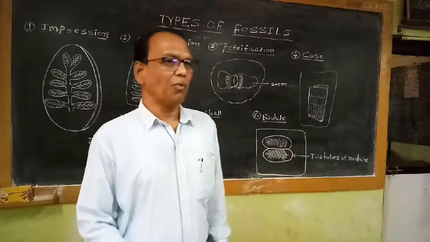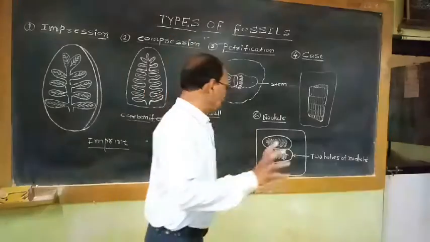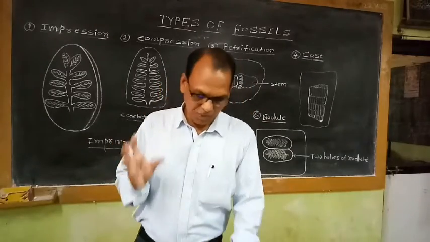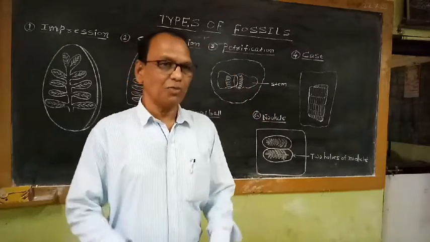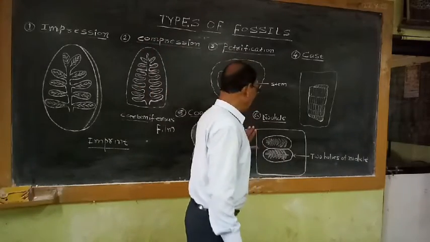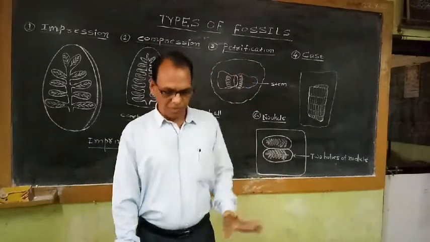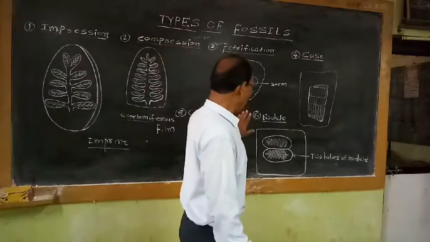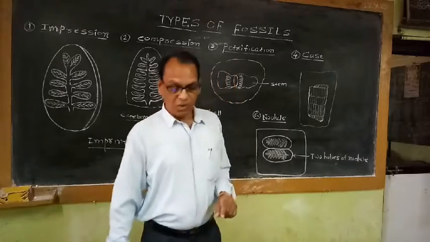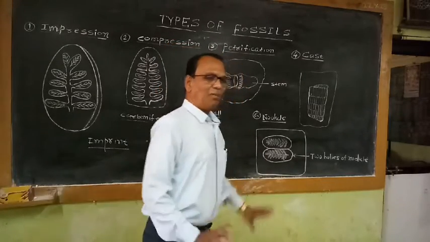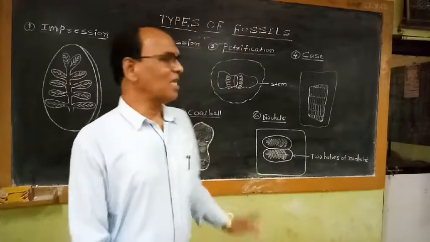That means during the process of formation of sedimentary rocks, some rocks take the shape of spherical structures, and in this spherical structure the impression or compression of a plant fragment is preserved, and with the help of this fossil also we can study the external characters of the plant fragment or plant part preserved in the nodule type of fossil.